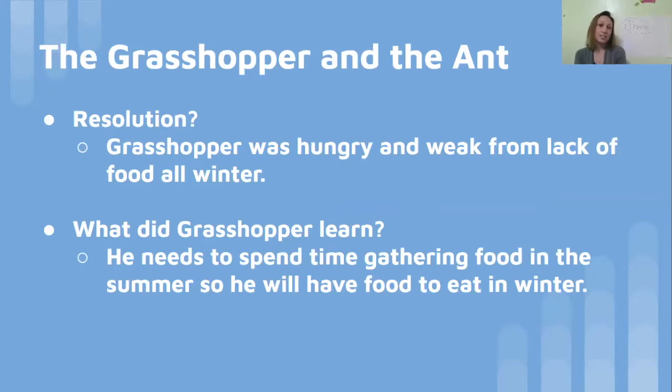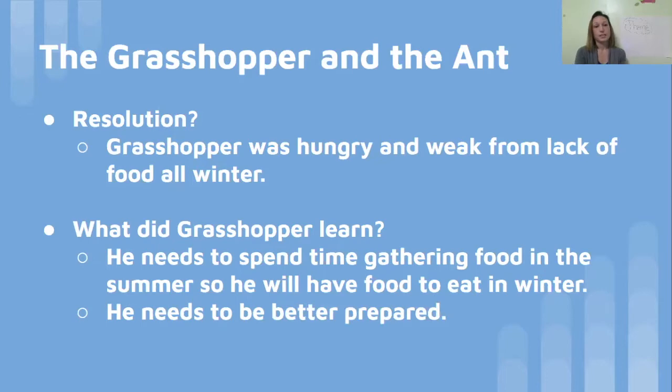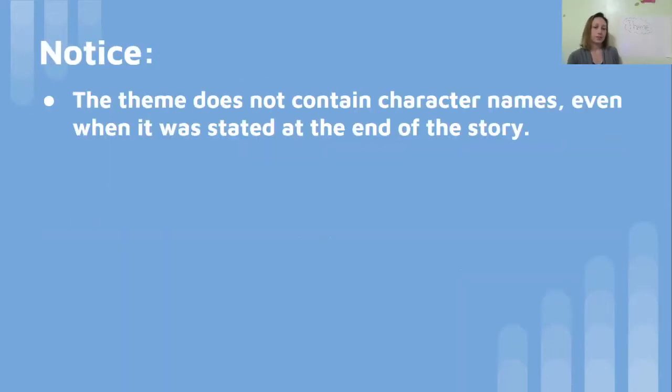He learned he needs to spend more time gathering food in the summer so he will have food to eat in the winter. He learned that he needs to be better prepared. He was not prepared for winter. He needs to be better prepared. So let's notice a few things. The stated theme, even though it was at the end of the story, did not contain character names.